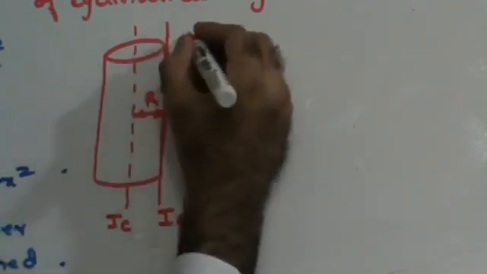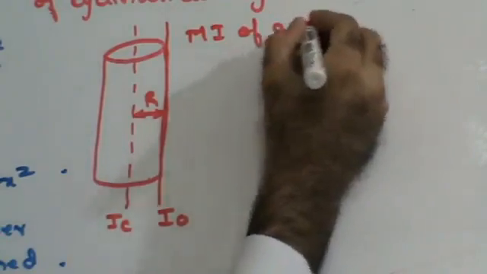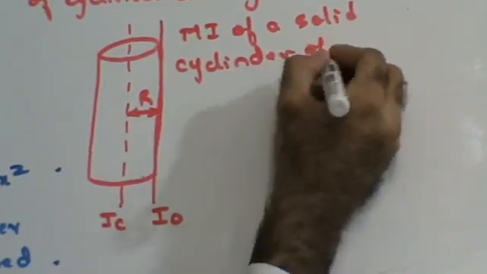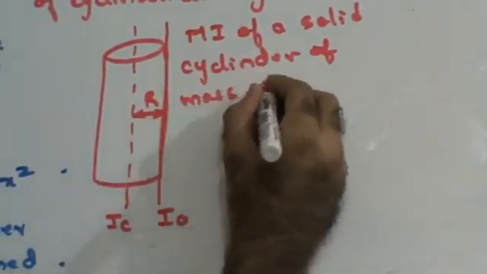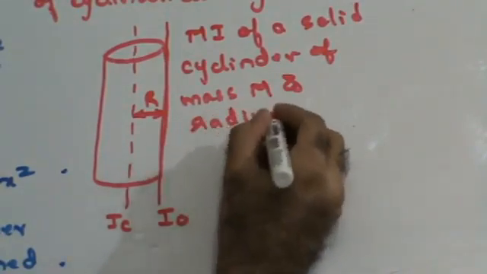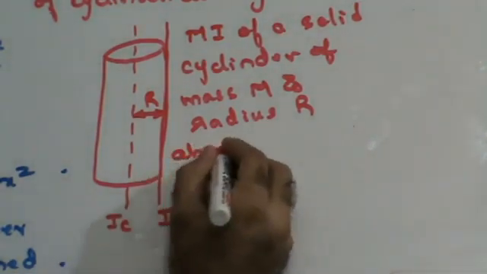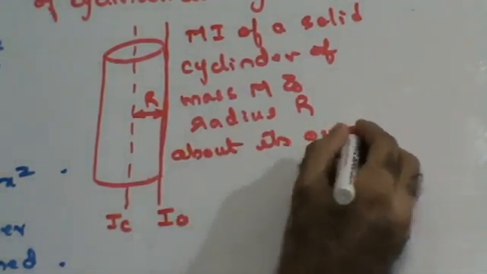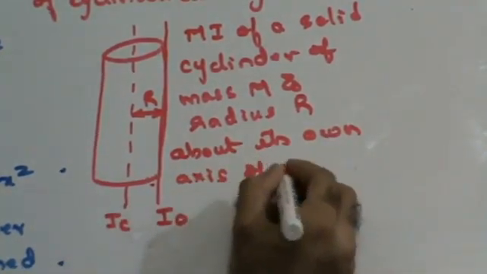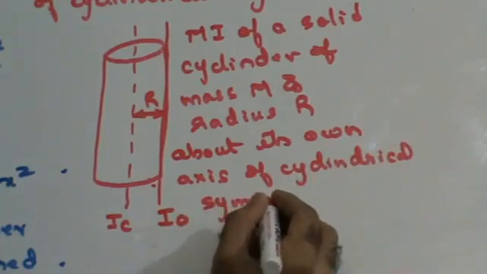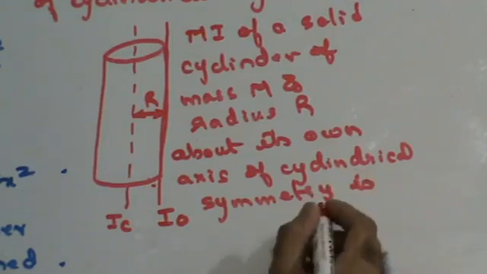Right? So I can say that moment of inertia of a solid cylinder of mass m and radius r about its own axis of cylindrical symmetry is mr square by 2.